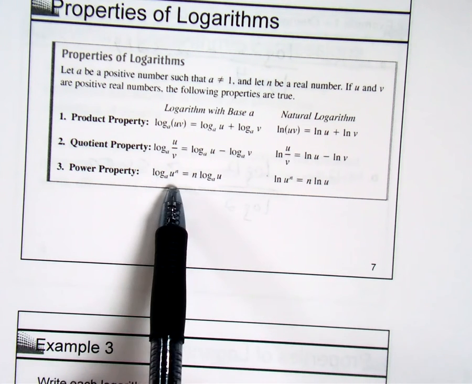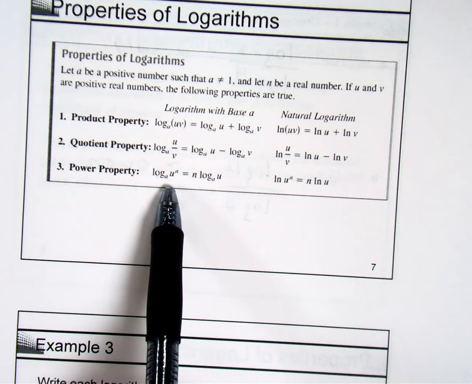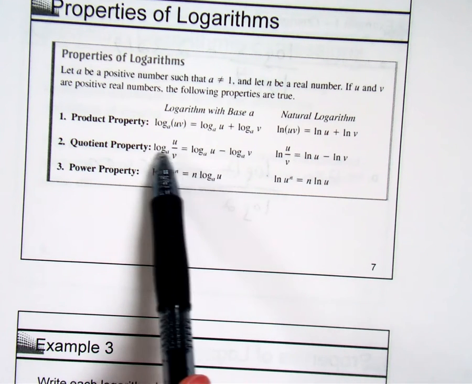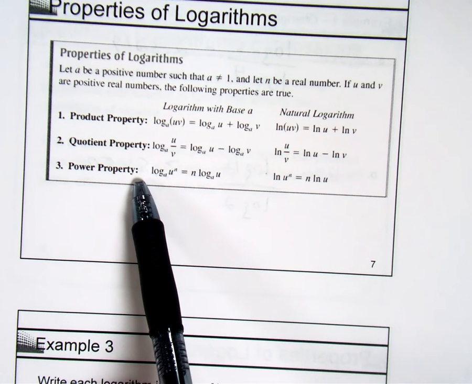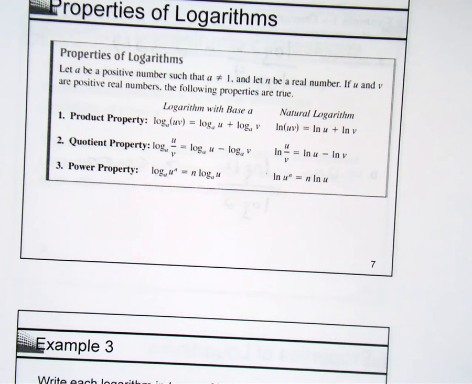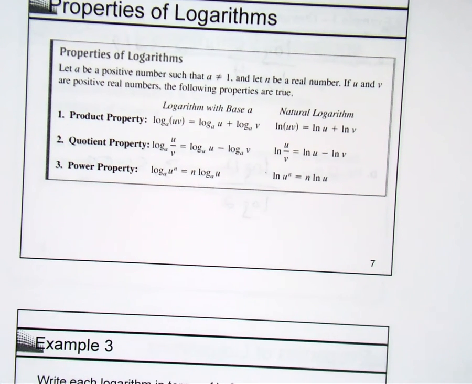And then the power property, log base a of u to the n power. That n, when you're doing logs, can come down in front as a multiplier of your log. Okay, and we can do that with natural log as well.